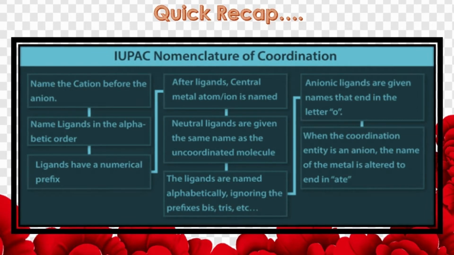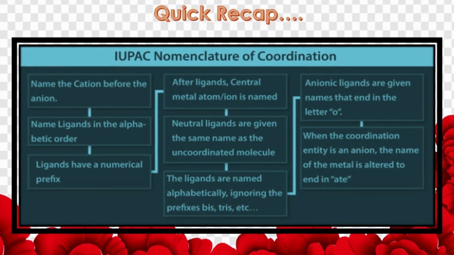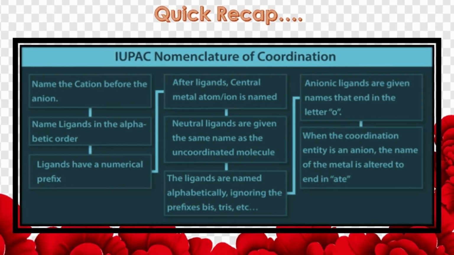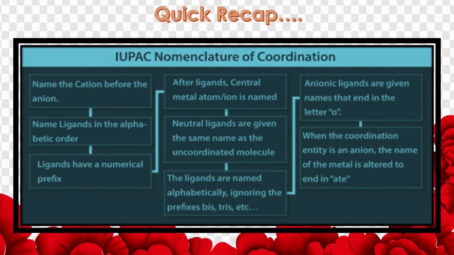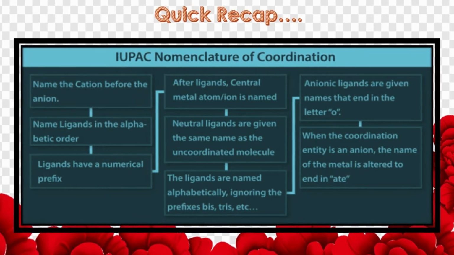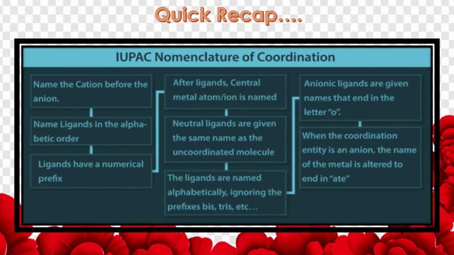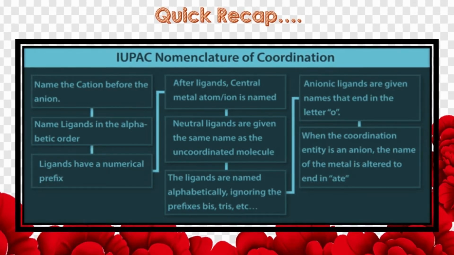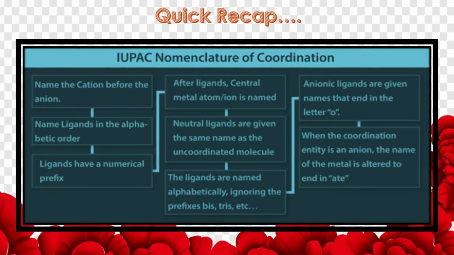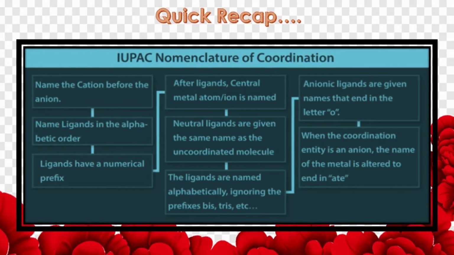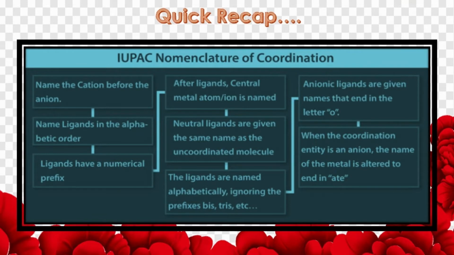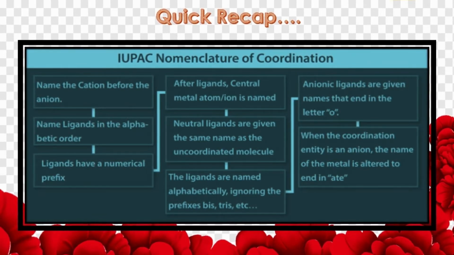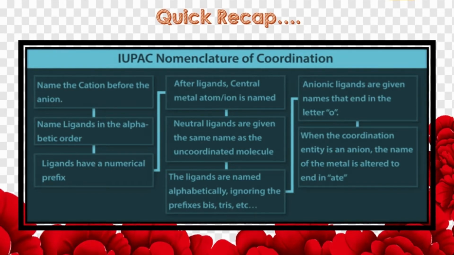If the same ligand is present more than once in the complex, you use the Greek prefixes di, tri, etc. Another thing to remember: if the ligand name itself already has the Greek prefix di, tri, etc., then alternate prefixes such as tris, tetrakis, etc. will be used. After naming the ligand, you have to name the central metal atom.